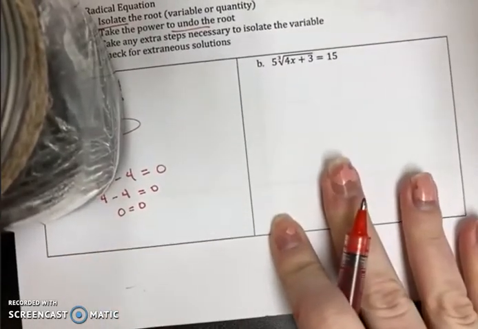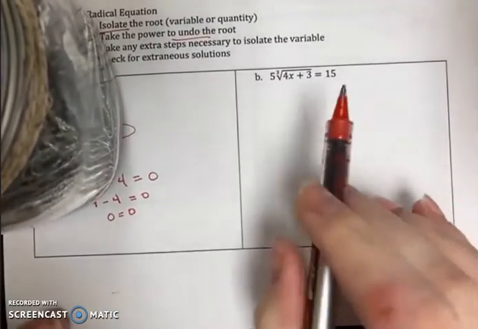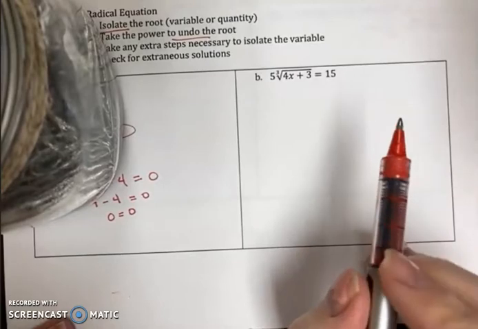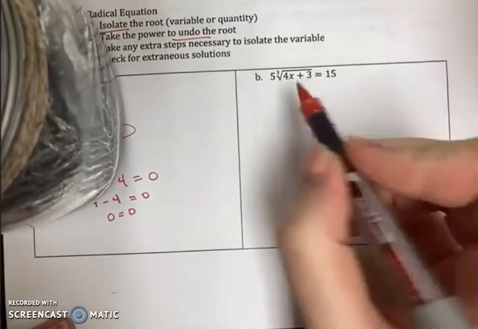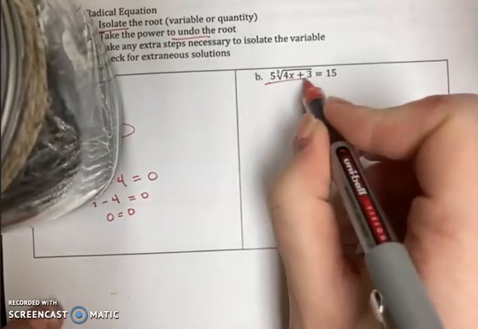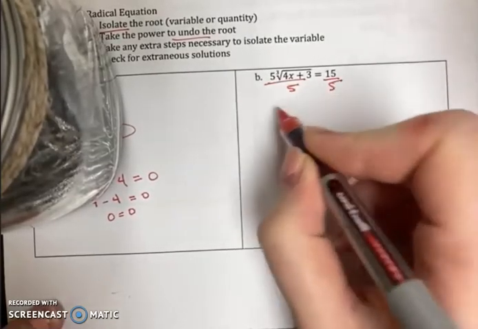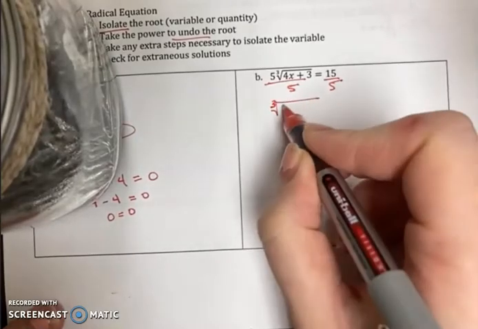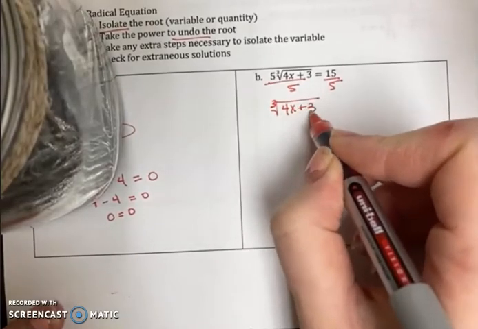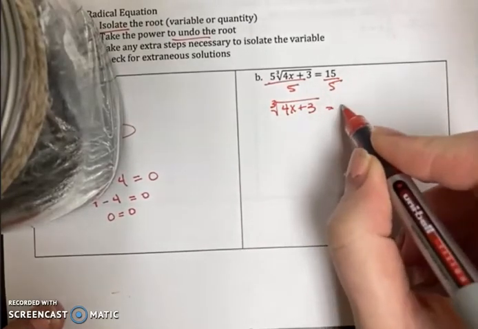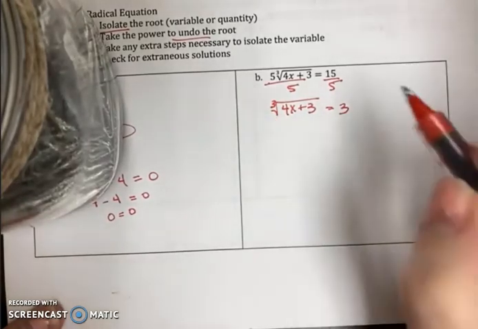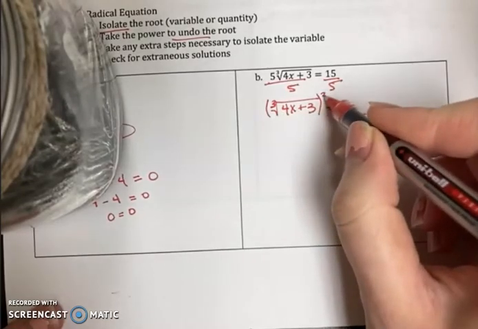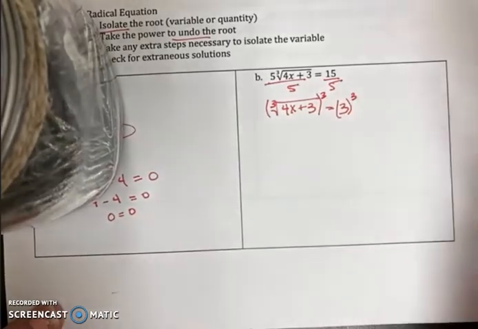Okay. B. We need to isolate the term that has the radical, so I need to isolate the cube root of 4x plus 3. It's currently being multiplied by 5, so I need to divide by 5. The cube root of 4x plus 3 equals 15 divided by 5 is 3. And then we need to undo the cube root by taking the third power of each side.